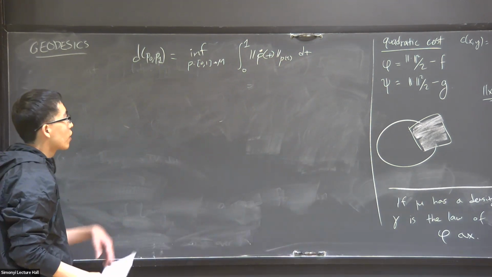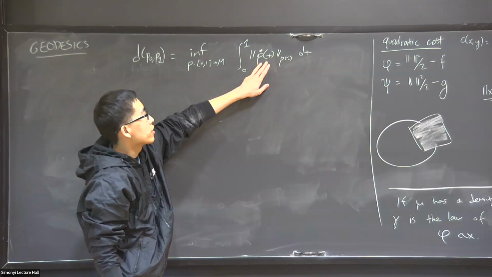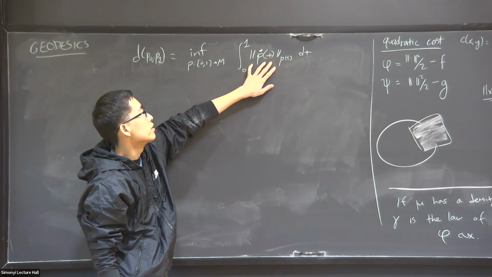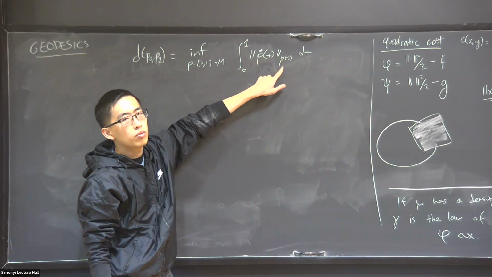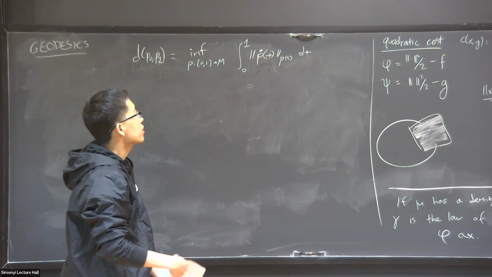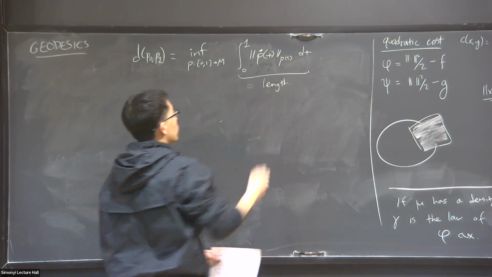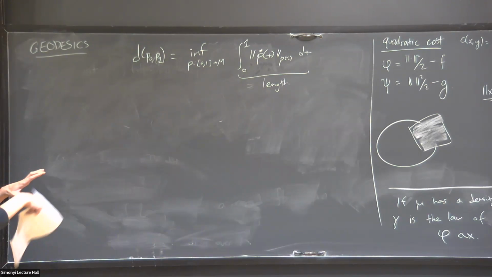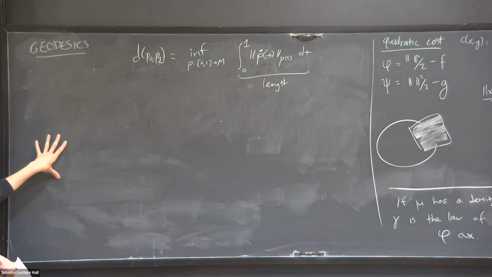You can define the derivative of the curve because it's an element of the tangent space, and then you measure the size of this velocity, in other words the speed of your curve, by the inner product at that point. When you integrate, this is the total length of your curve. So this formula says I can define a notion of distance between two points by finding the length of the shortest curve joining them, and this is called the geodesic joining these two points.